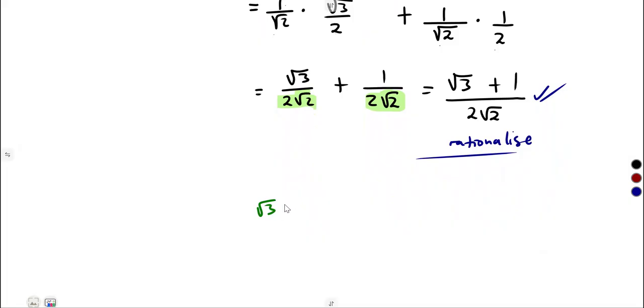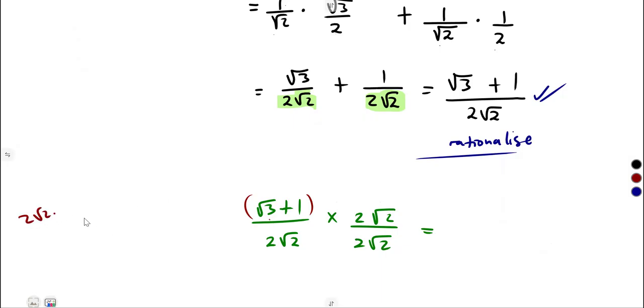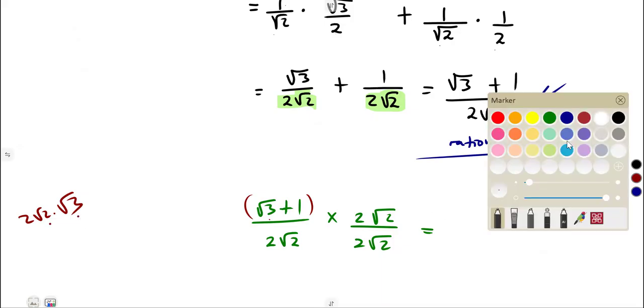The square root of 3 plus 1 over 2 square root of 2. Remember your grade 11 mathematics, the denominator is the one that is important. You multiply throughout by the denominator, the numerator and the denominator. Thus, 2 square root of 2 is going to multiply the numerator here: 2 square root of 2 times the square root of 3. So square root of 2 times the square root of 3 is going to give us what? Square root of 6.